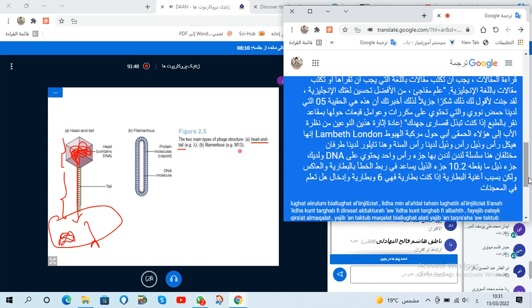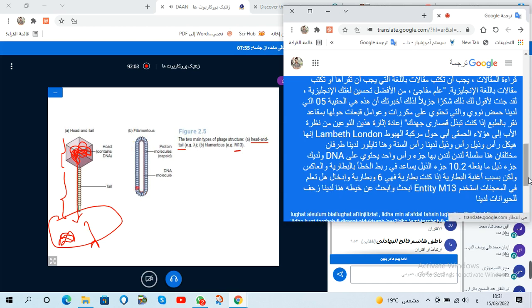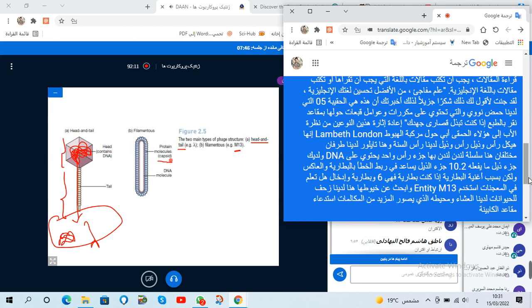Okay, here is M13. M13 phage. It's filamentous. Look here, we have DNA molecules, and it's surrounded with protein molecules called capsids. So, M13 structure is filamentous. Look, this is its picture.